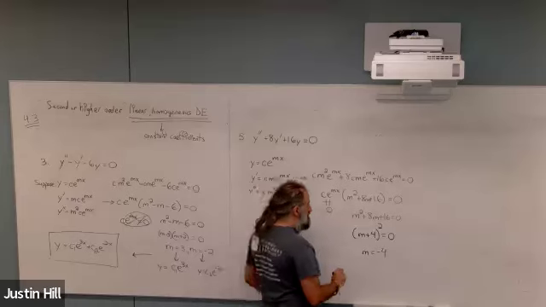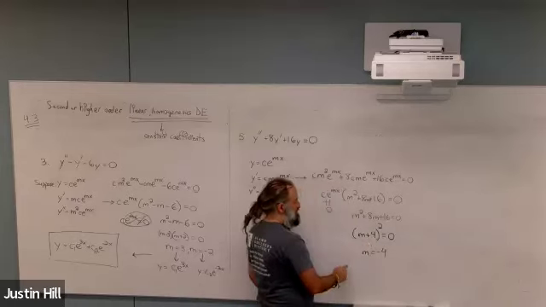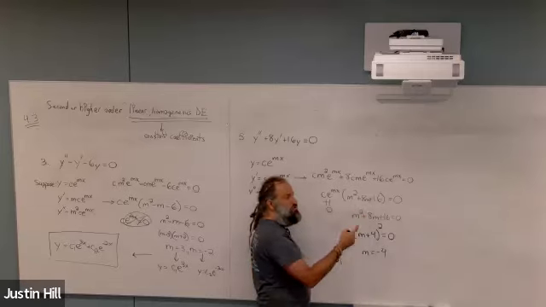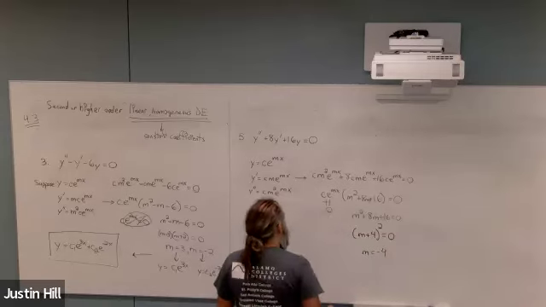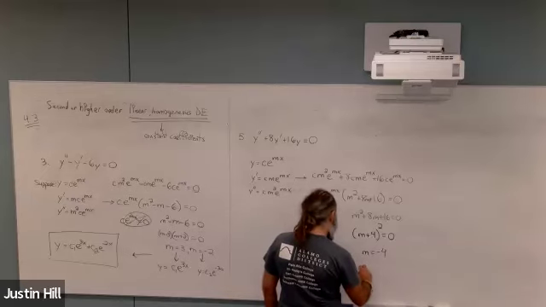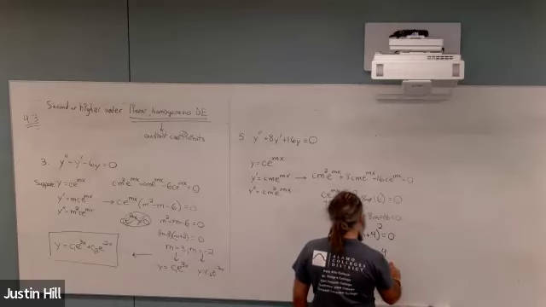But if you end up with a double solution like this, or in terms of quadratic equations, just one solution that happens twice because your factor is squared, then definitely one of our possible solutions is e to the -4x.